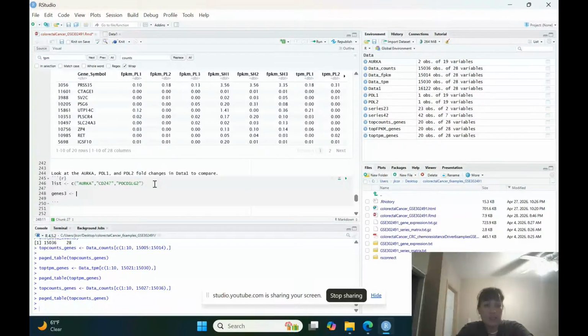Okay, and then we'll just data 1, which is data 1 by gene symbol in percent list, and then let's see if it gives us that table.